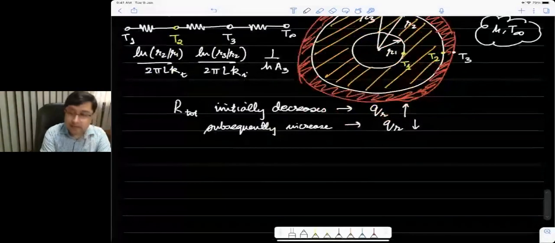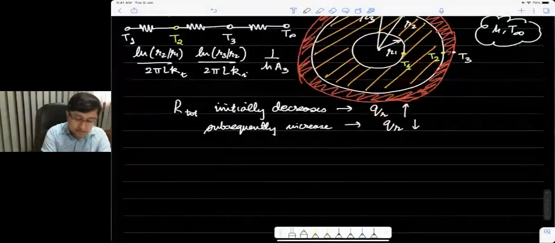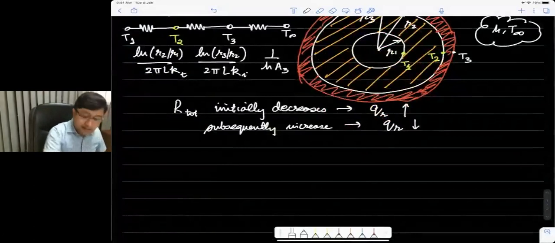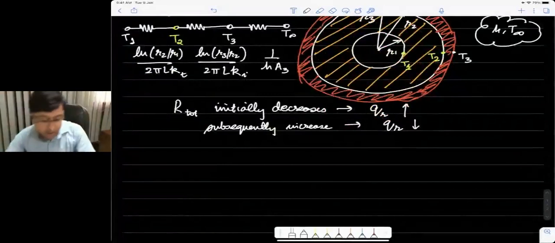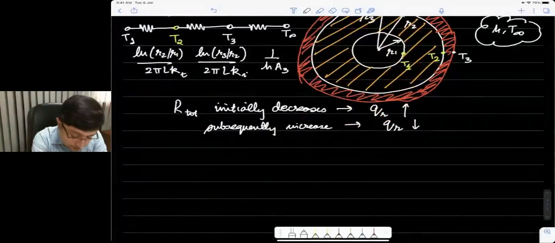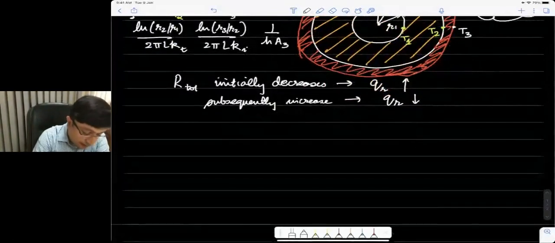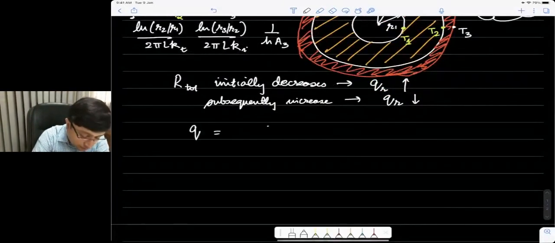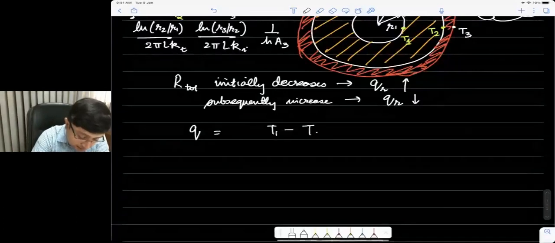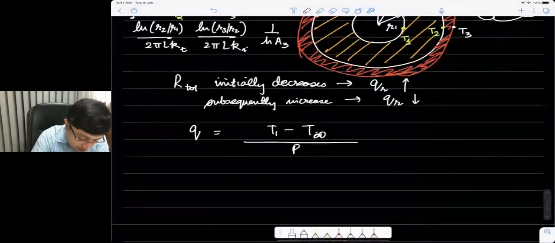We are interested in calculating what that critical number for this radius R3 should be, at which the transition happens from an increasing heat transfer rate to a decreasing one. Using the same electrical circuit analogy, the heat transfer rate would be T1 minus T infinity, divided by the total resistance.